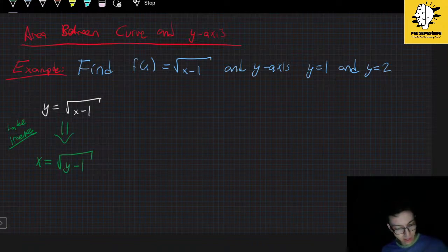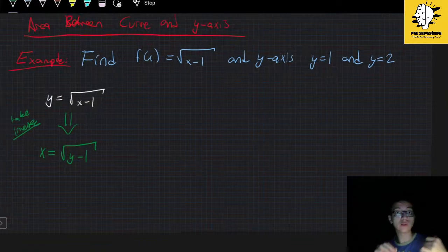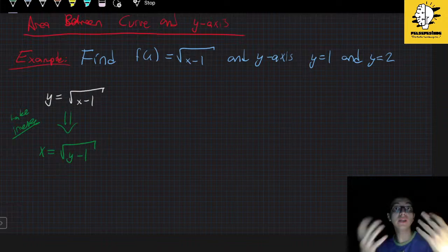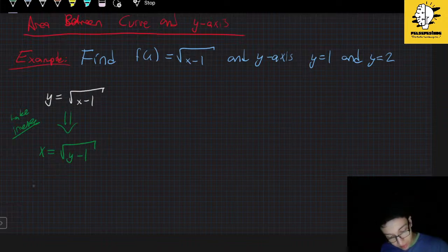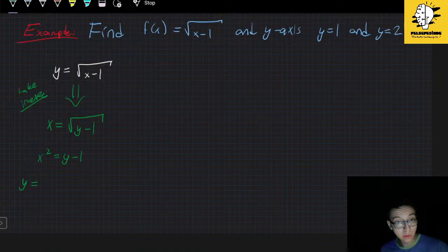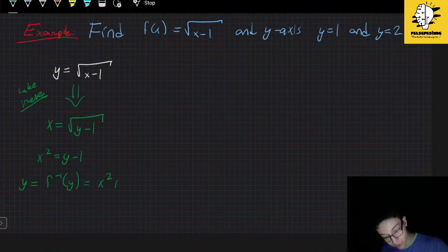I have to solve for y to find the inverse, because now y means f inverse of x. Then x squared is equal to y minus 1, am I right? Then y is equal to f inverse of x, and this is x squared plus 1. I just solve for y, where y is the inverse function.